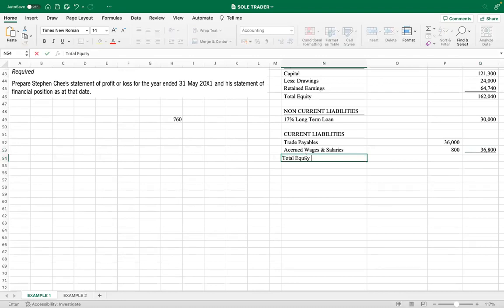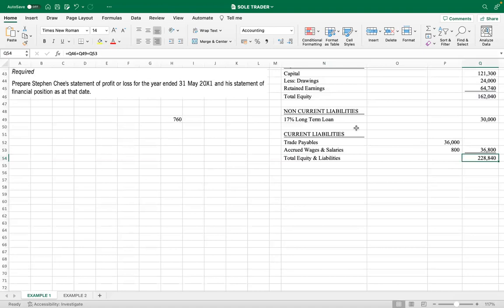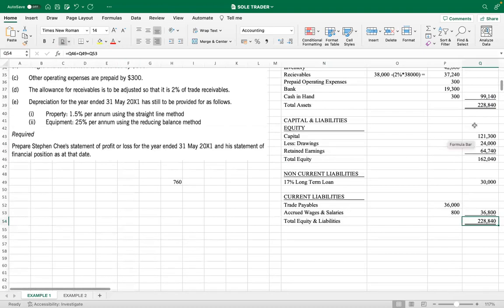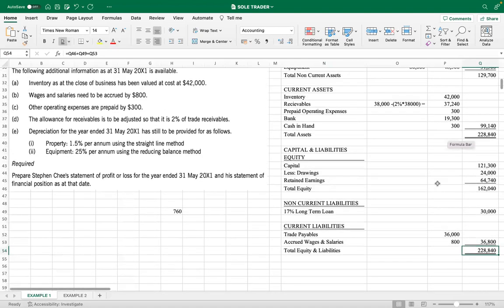And therefore, we can have total equity and liabilities. So we have equity plus non-current liability plus current liability. It gives you 228,840. So it has balanced.